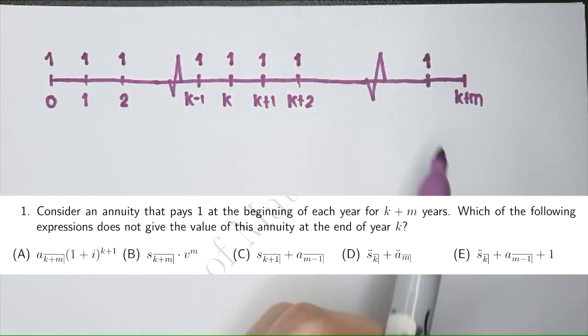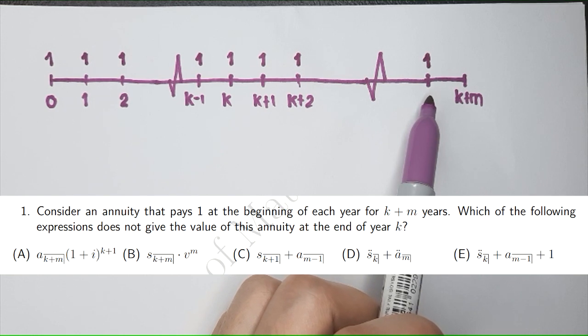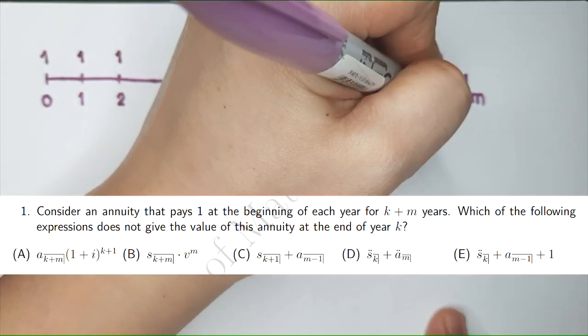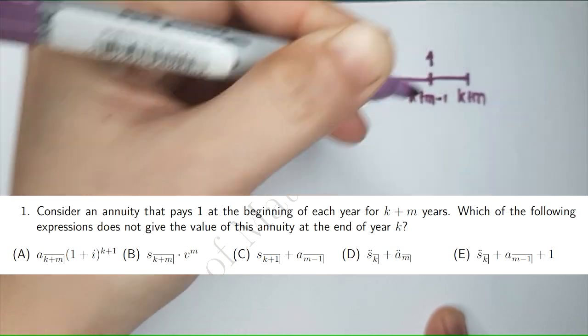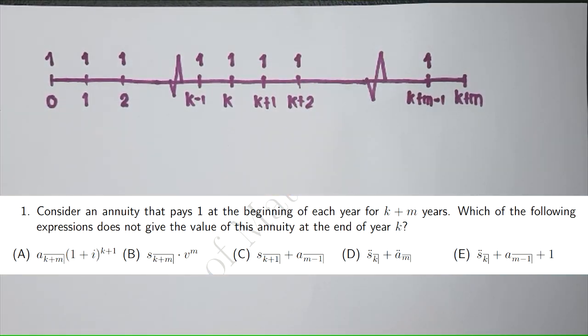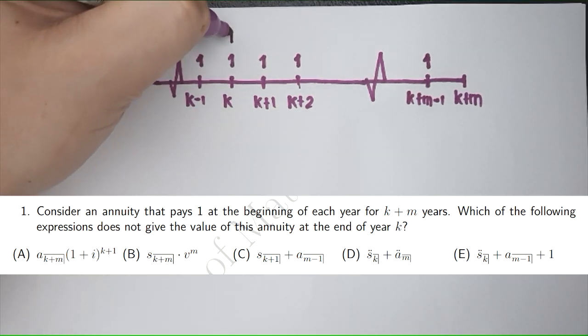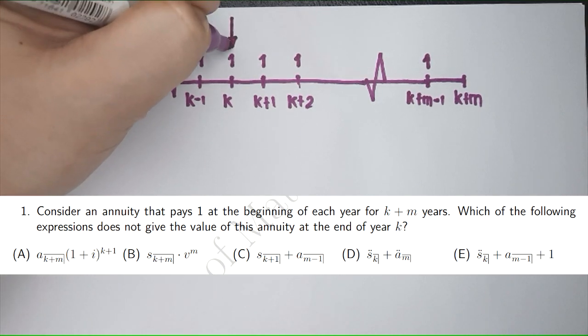Okay? If you want to label your time diagram here, this is K plus M minus 1. Now, we're going to get the value of this annuity at T equals K. So, dito ang ating valuation date.